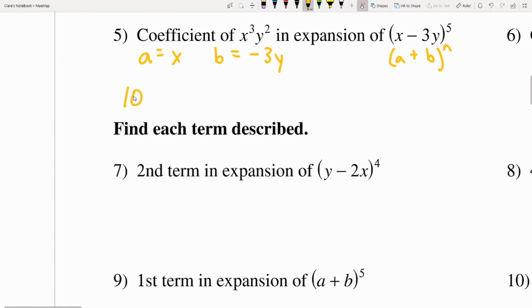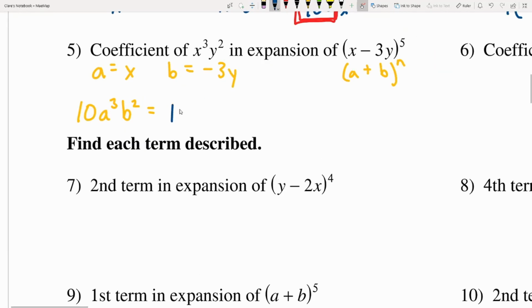So again, that's 10a cubed b squared, and now I'm going to fill everything in. So I'll have 10 times a, which is x, and that a is cubed, times b, which is negative 3y, and that's squared. So I have 10 times x cubed times, this squared can be distributed to negative 3 and y.